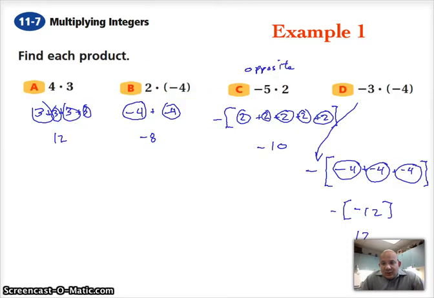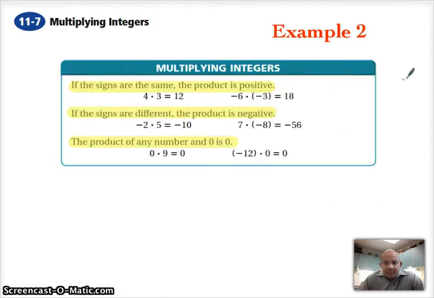Let's go back to this example here. Same thing. Here we had the opposite of 3 groups of negative 4, and as we went through this, we found that the answer indeed was a positive number, result of 2 negative factors. Second thing, if the signs are different, the product is negative. So here we have a factor that's negative times a factor that's positive.